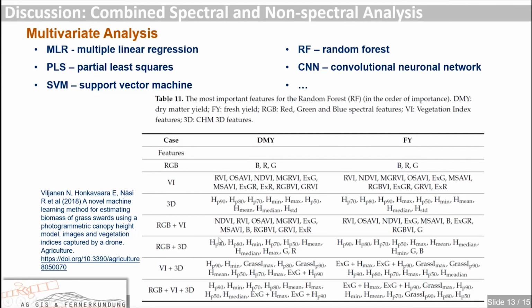If you look at the most important features in a machine learning approach for dry matter yield and fresh matter yield, only the excess green index is a spectral index, but you clearly see that the other features are the structural height features, which proved to be most important in the multivariate analysis, which is still ongoing in several groups and provides a huge opportunity for field-level monitoring.